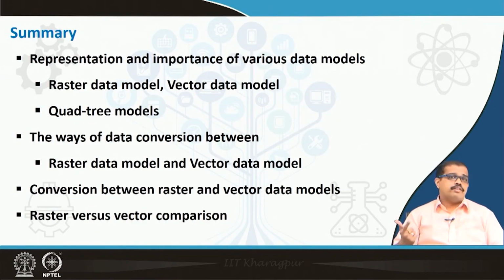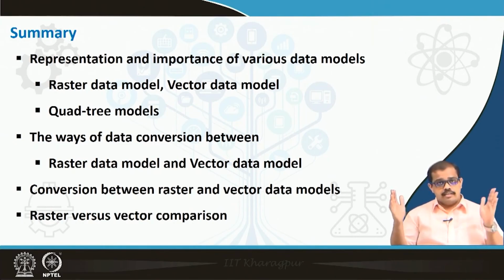Very importantly, we looked at the raster data model and the vector data model. But in this particular session, we looked at the raster data model. We said it is a collection of a number of pixels or areas in the form of a matrix with m cross n rows and columns, and this can be represented in a quad tree data model, very efficiently.